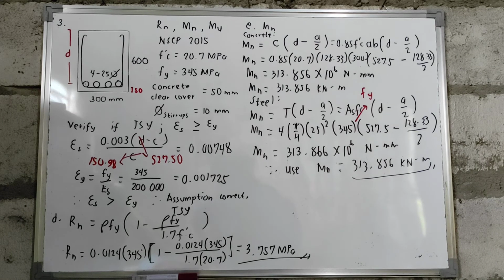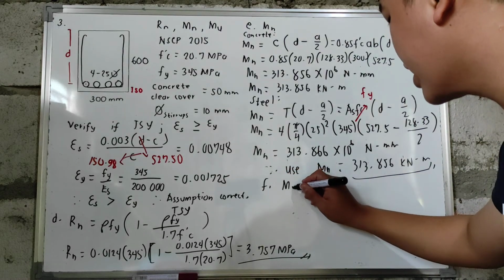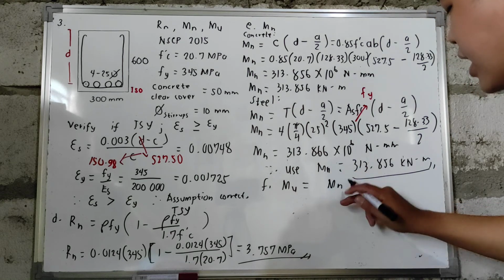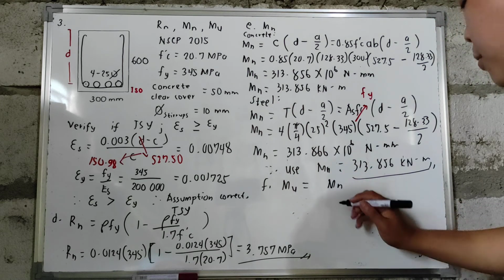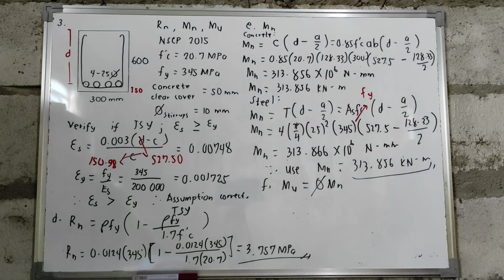Then lastly, we are tasked to solve for the value of your ultimate moment capacity, o yung tinatawag nating M sub U. Sir, paano po natin kinukuha yan? So, ginagawa lang natin is, minumultiply lang natin yung nominal natin to a certain reduction factor. So, what will be the reduction factor natin?